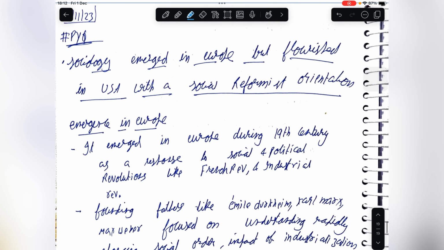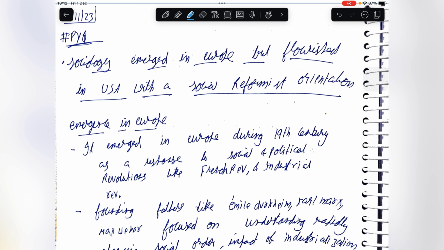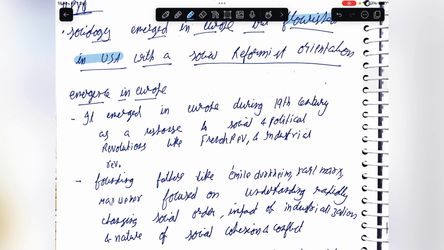And finally, another question is that sociology emerged in Europe but flourished in the USA with a social reformist orientation. Flourishment in the USA is not actually in the syllabus, but this was asked in a sociology UPSC previous year question, so that's why I have made notes on this.